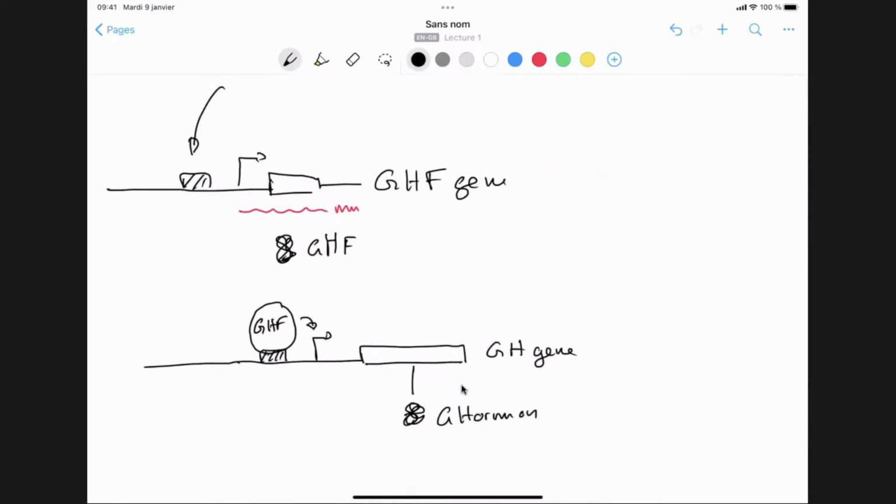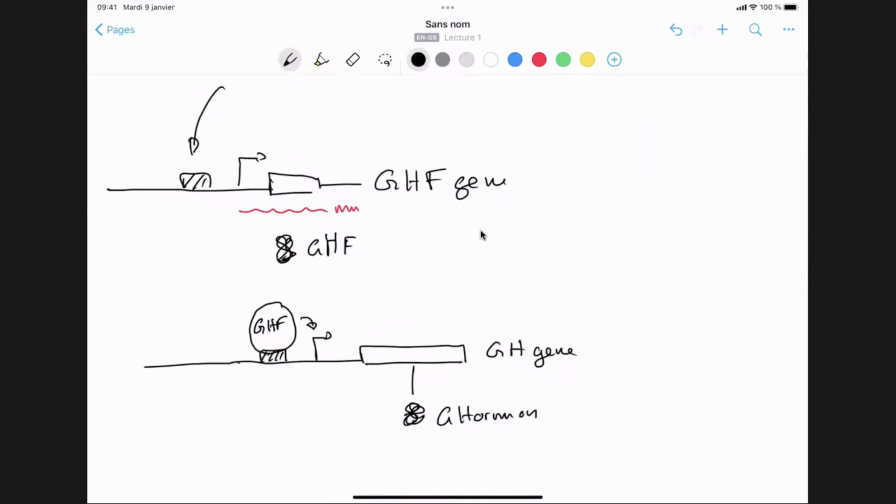Can you tell me at least two different possibilities that could explain why the GH gene cannot be expressed? Do you have an idea?